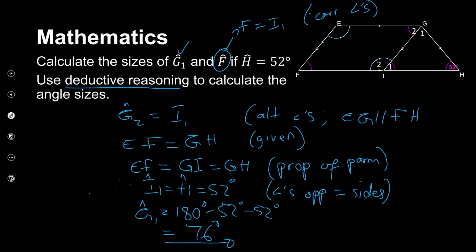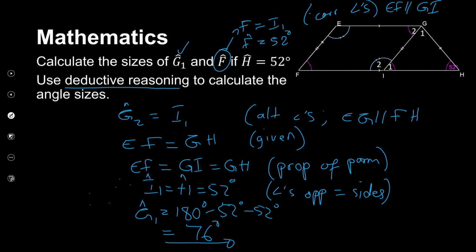And remember, with corresponding angles, you must indicate EF is parallel to GI. I know that. And then since I know what I1 is, which was 52 degrees, I will then say F is also equal to 52 degrees.